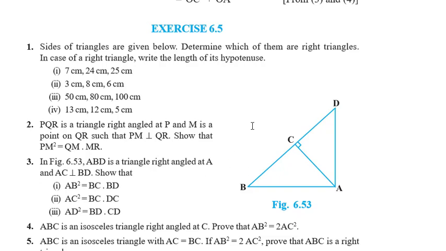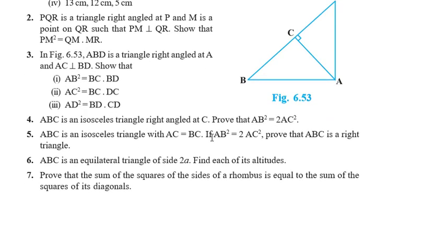I will move to the next question, question number 2. PQR is a triangle, right angle at P, and M is a point on QR such that PM is perpendicular to QR. We have to show that PM square is equal to QM into MR. So let us draw PQR, right angle at P. This is point P and this is the right angle.